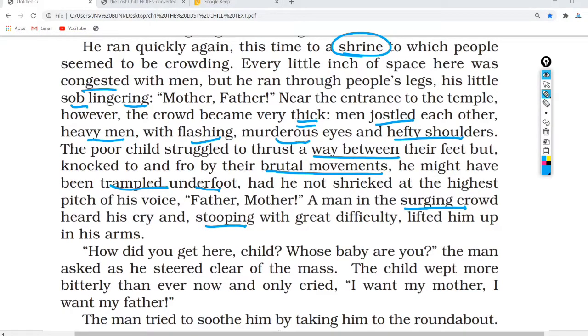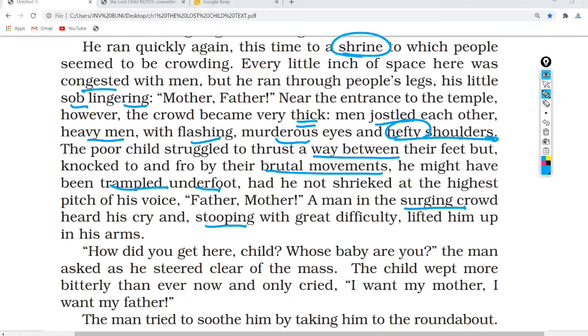What were the people doing? The people were large compared to the child. They were very hefty, meaning heavy shoulders, heavily built. And many times when somebody was coming, they were looking with very murderous eyes, meaning angry eyes.